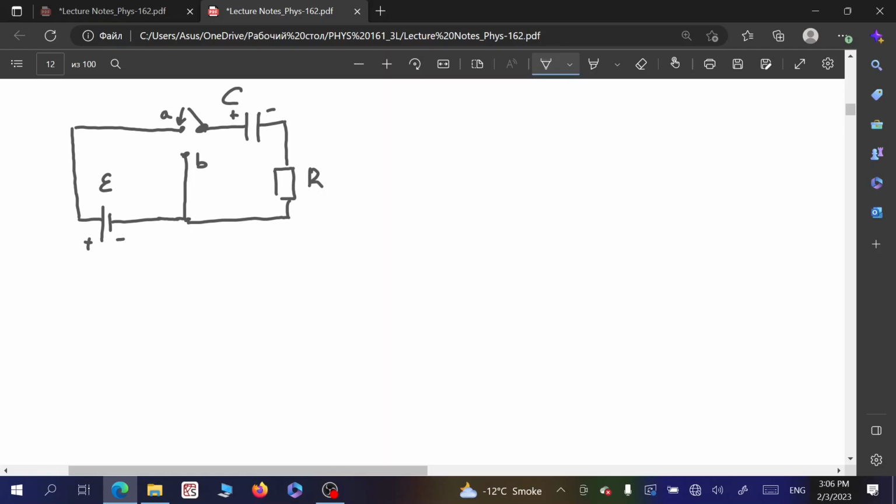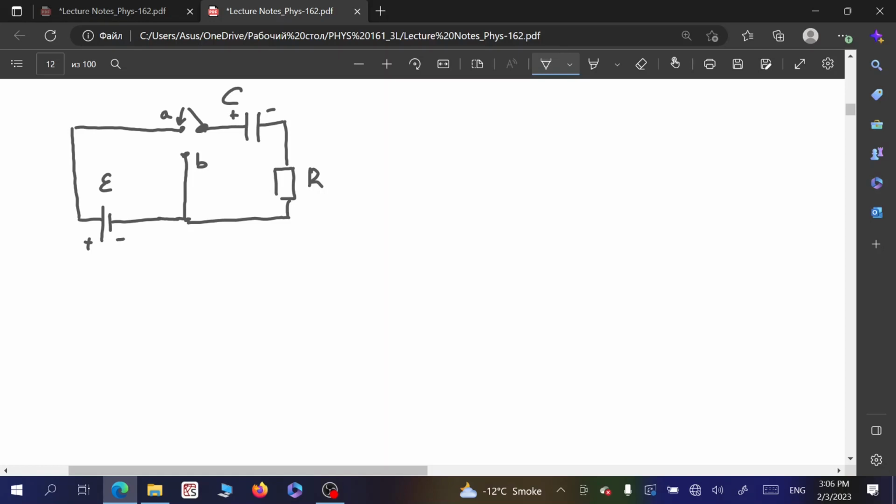We cannot have a steady electric current flowing through this circuit, but there is an option to accumulate certain charge at this capacitor, and until this charge is accumulated to that point, there will be some current flowing through this circuit.